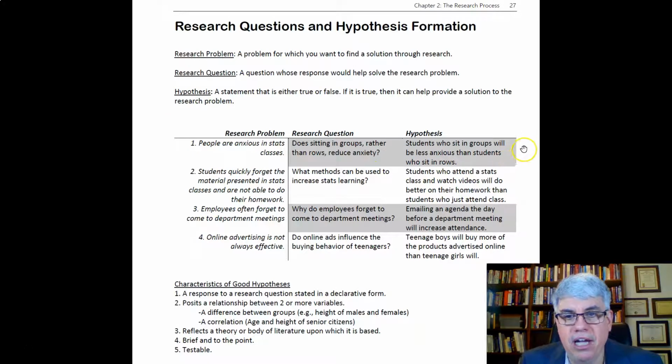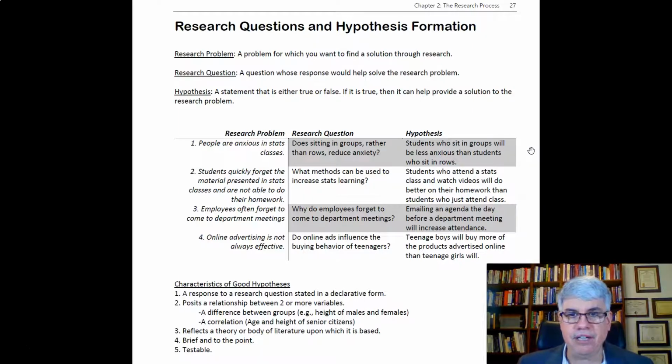So I can make the hypothesis: students who sit in groups will be less anxious than students who sit in rows. We can compare two groups of people, students that sit in rows and students who sit in groups, and compare these two types of seating arrangements and see if the average level of anxiety is different in the groups.